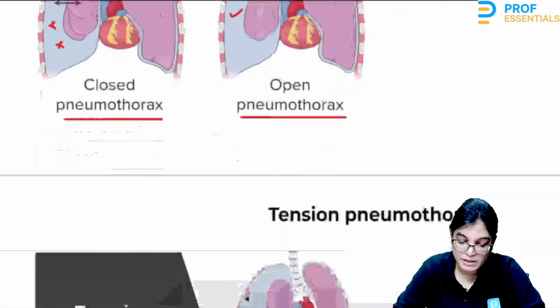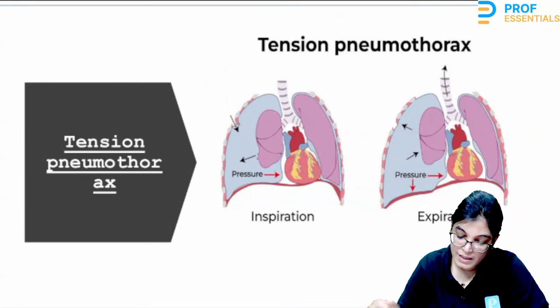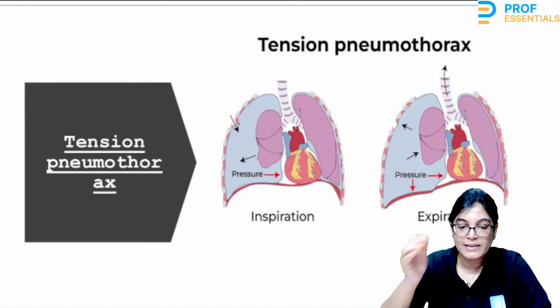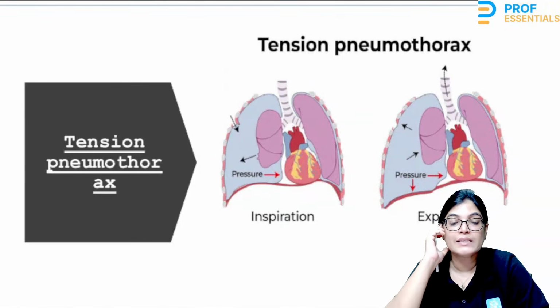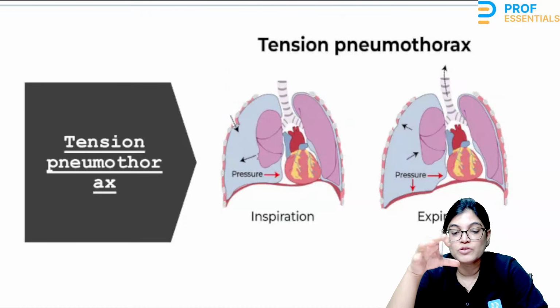The third variety is tension pneumothorax. In tension pneumothorax, what happens? The patient inspires the air, and air is sucked into the pleural cavity.